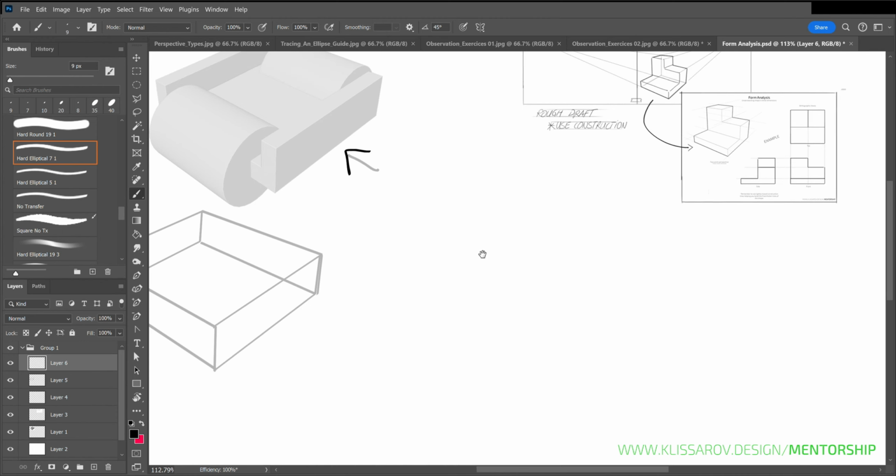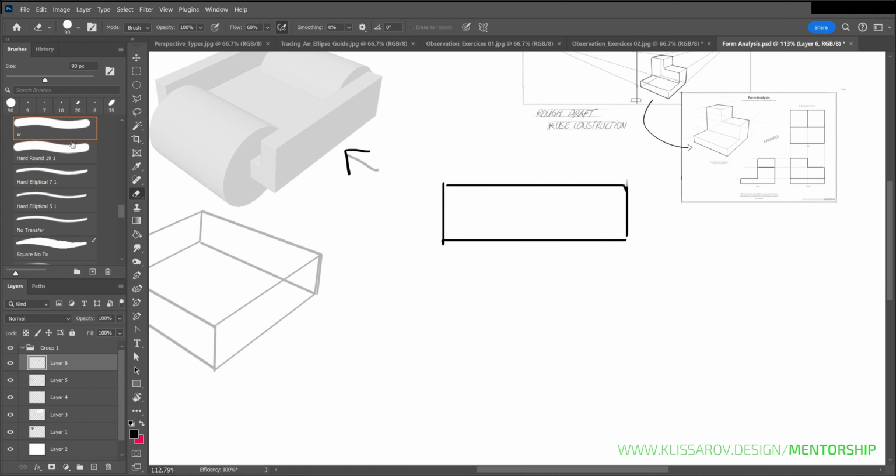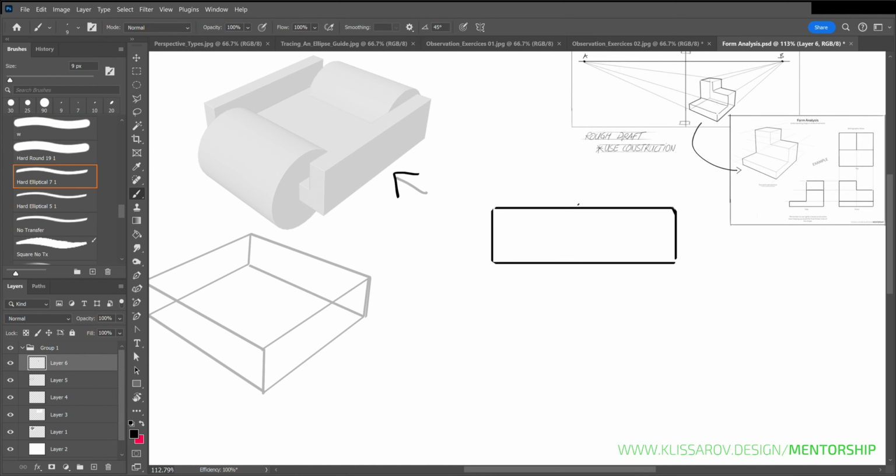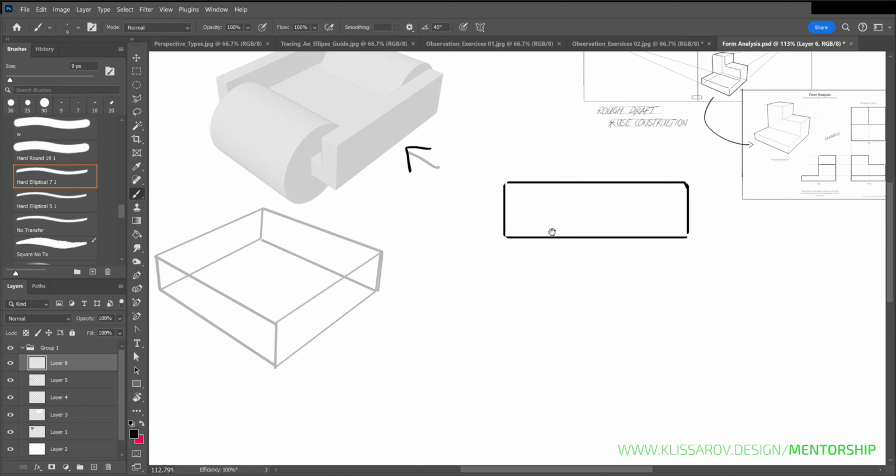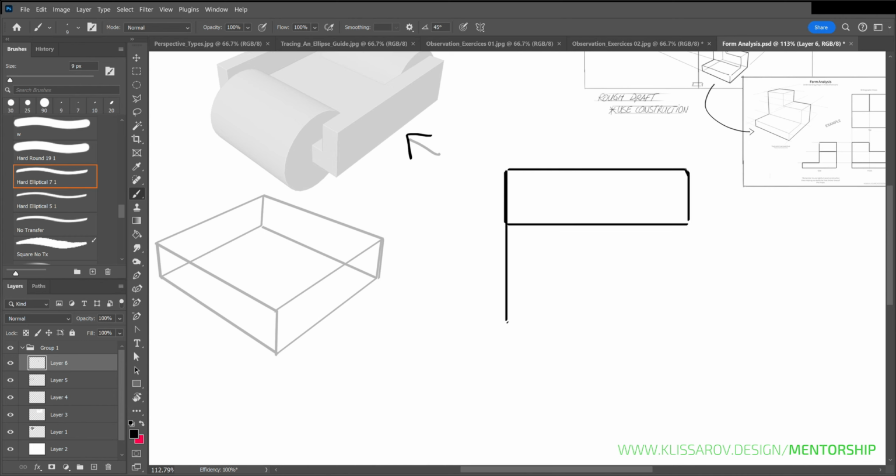It looks like something like that. And this can be done, of course, on a separate, rough piece of paper. So this is the proportion of it, because from this view, if I trace more or less a cube, we get something that is about this size.